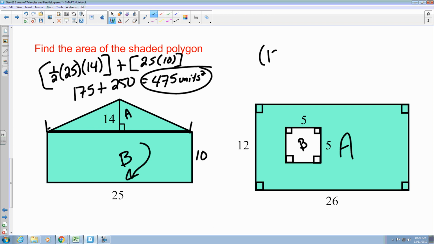So it's going to be 12 times 26, and it's going to be subtracted by the area of B, which in this case is a square, and that's just going to be 5 squared.